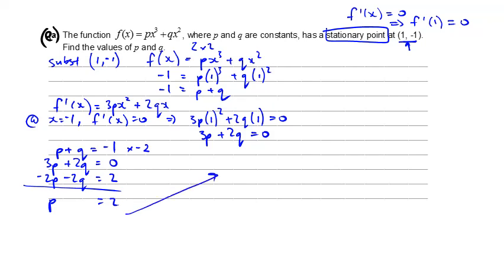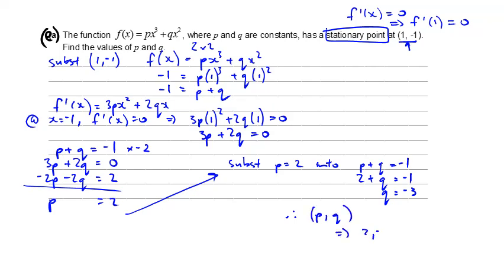Now, substitute p equals 2 into p plus q equals negative 1. 2 plus q equals negative 1, so q equals negative 3. Therefore, PQ is the same as 2, negative 3.